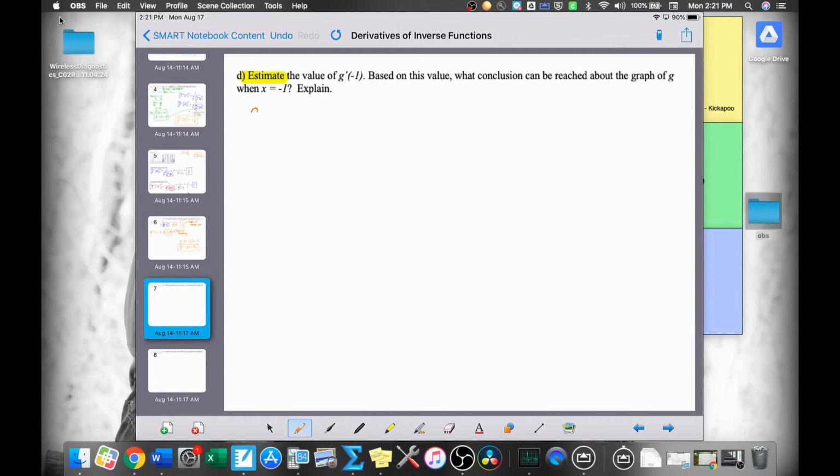So let's first write down that we only have a table of values.